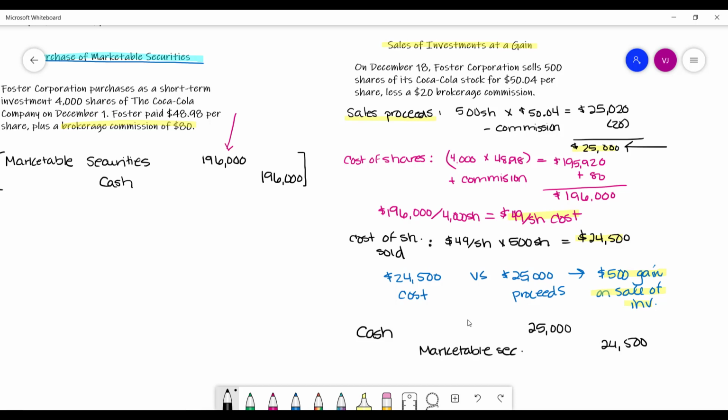And then we're out of balance. So to make that balance, we would end up having to credit the account called gain on sale of investments, and that is a $500 gain. So that's how we would journalize this situation when we're selling these shares at an amount higher than what we paid for them.